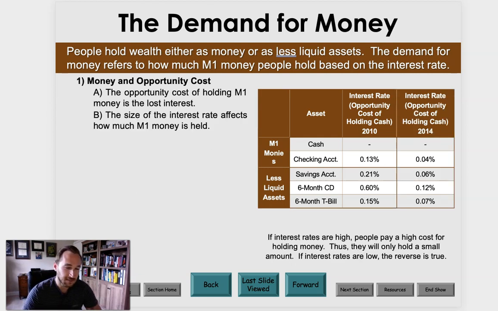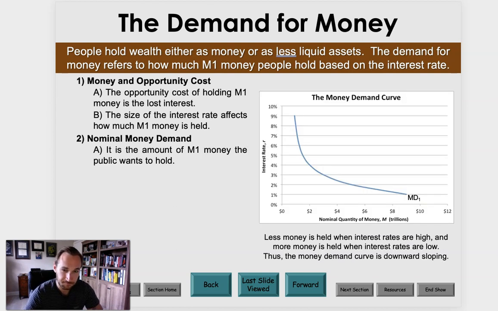So we see here, in the last recession, the Great Recession of 07-09, at first we had higher savings rates, but then when we needed the economy to continue to churn forward, we lowered those interest rates to encourage people to have more cash on hand rather than to have it in a savings account. You can see that in the chart right here.